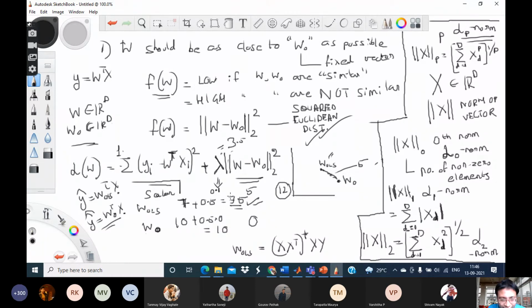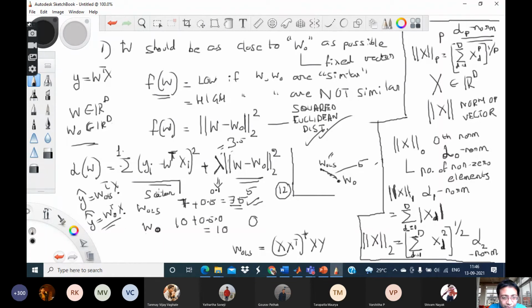As you could see in this case, if lambda was 0.1, the exact value of 0.1 is not that important. The thing to be noted is it is less than 1. If I make this less than 1, that means I am giving a higher importance to minimizing the error, and that is why in this case I chose W_OLS over W naught, even though when lambda was equal to 1, I had chosen W naught, right?